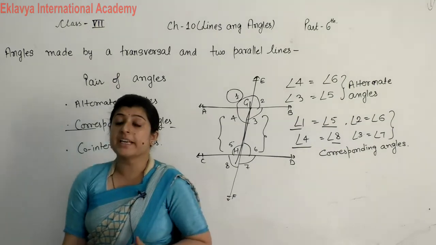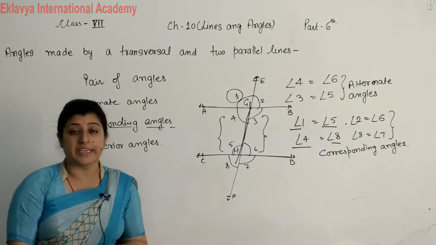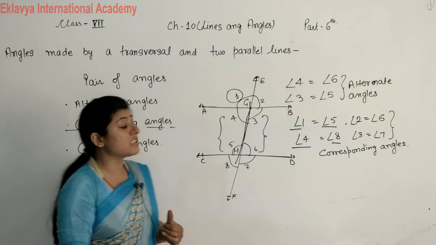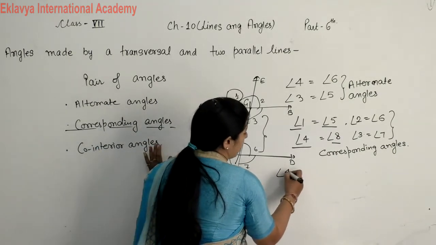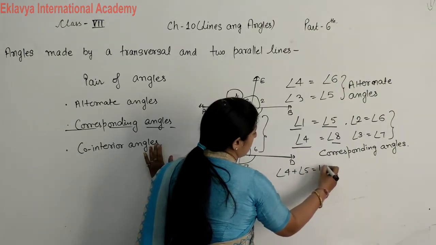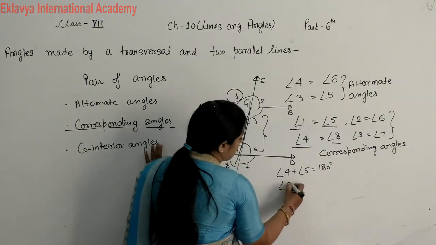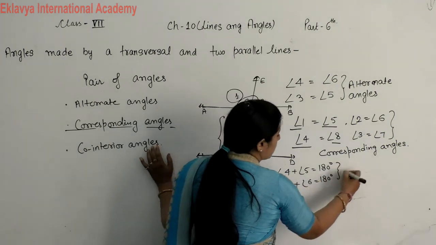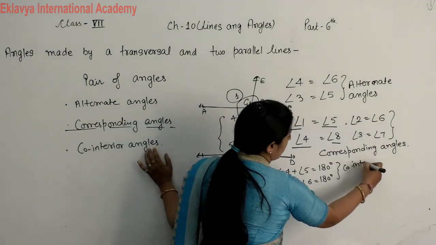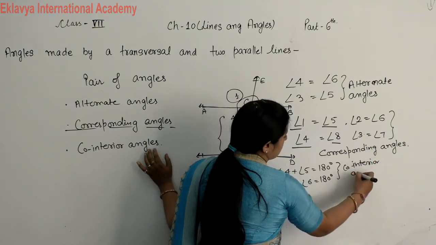Co-interior angles are supplementary. It means the sum of co-interior angles is equal to 180 degrees. So in this case we can say angle 4 plus angle 5 is equal to 180 degrees, and angle 3 plus angle 6 is equal to 180 degrees. Which type of angles? Co-interior angles.